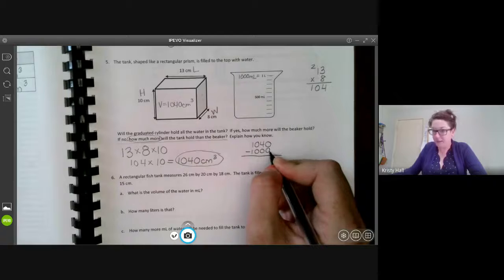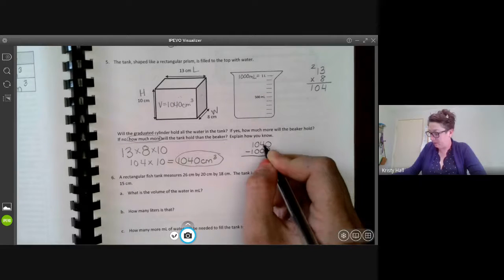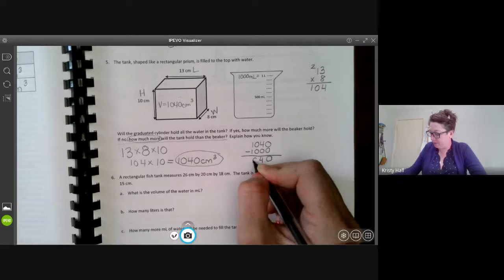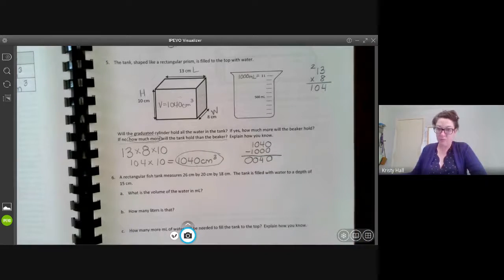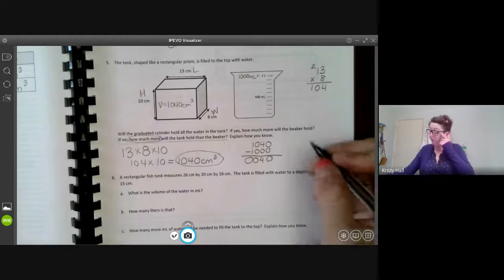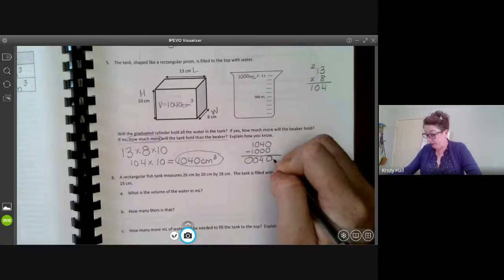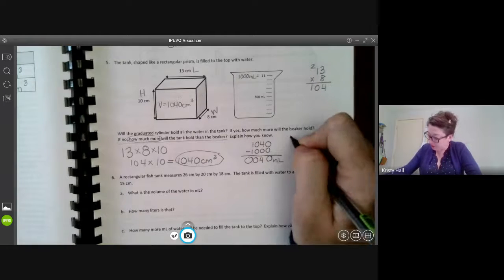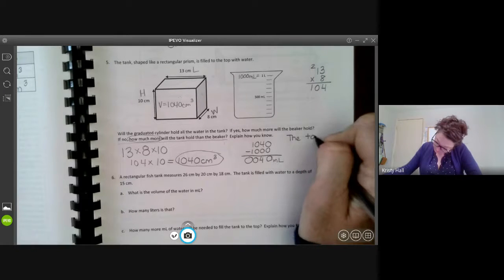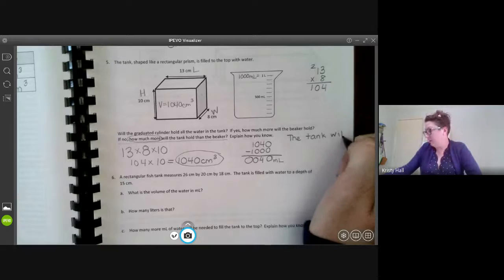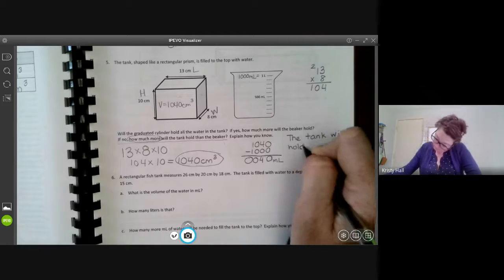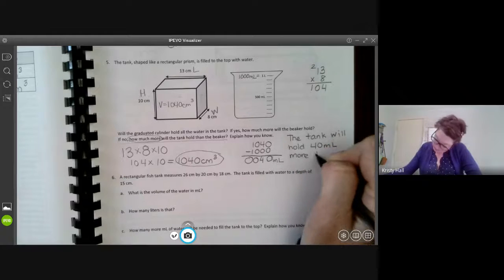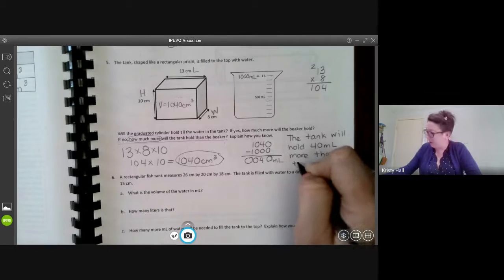So 0 minus 0, 4 minus 0, 0 minus 0, 0 minus 0. So it looks like 40 milliliters is how much more the tank holds. So then I just do an answer statement. The tank will hold 40 milliliters more than the beaker.